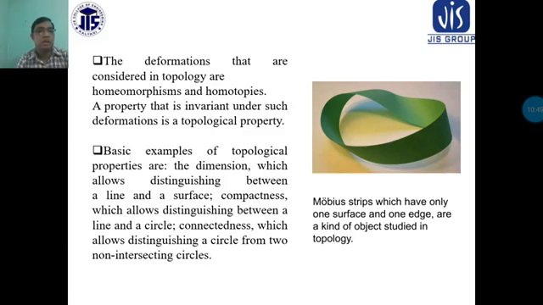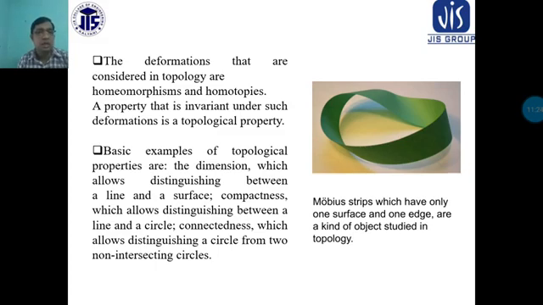The basic examples of topological properties are, first, dimension, which allows distinguishing between a line and a surface; this topological property is what you require for differentiating lines and surfaces.